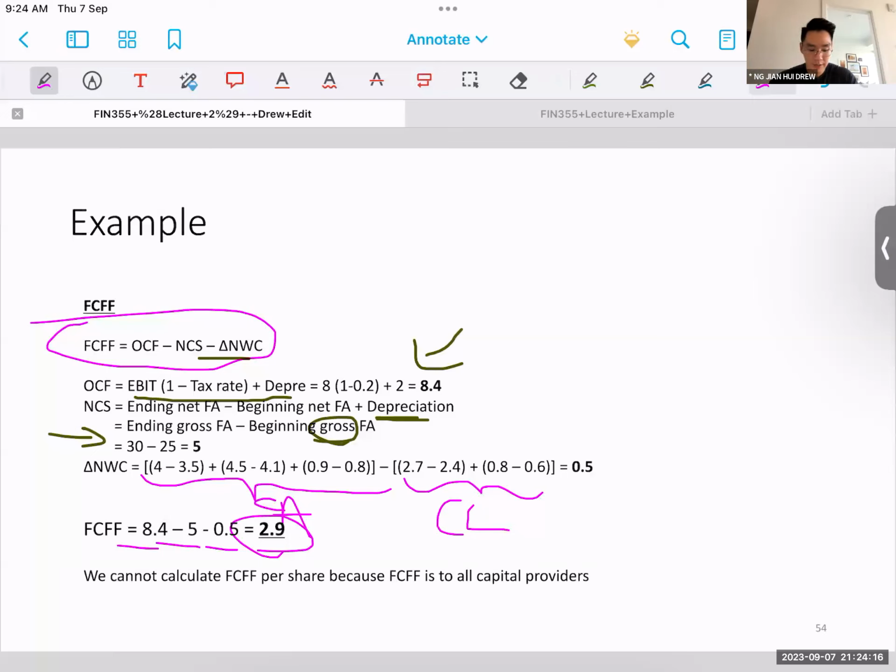Okay. So I want to highlight to you the difficulty in the FCFF and valuation in general, which is really picking the items, and the point that I think we have mentioned a few times in this lecture is selecting the items and justifying how you get the discount rate and this kind of thing. Because at the end of the day, anyone can come up with any valuation if you just randomly pick stuff.